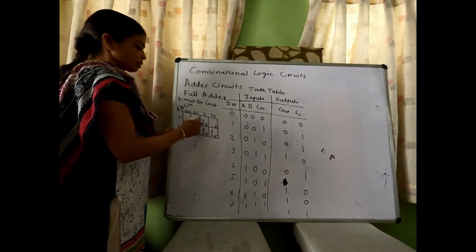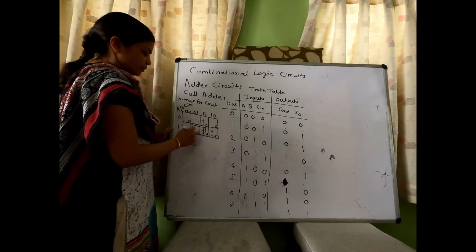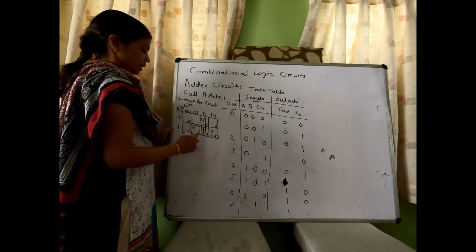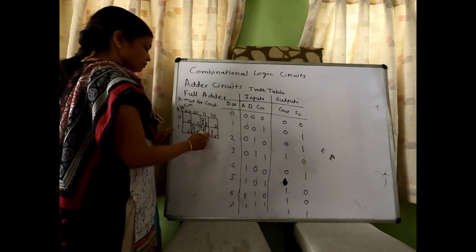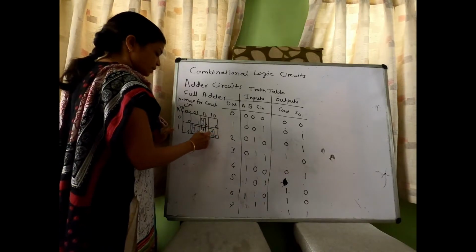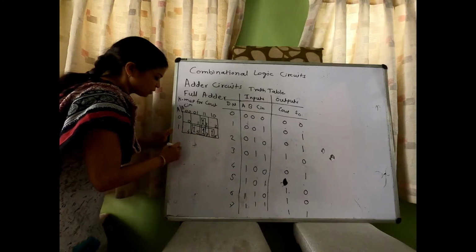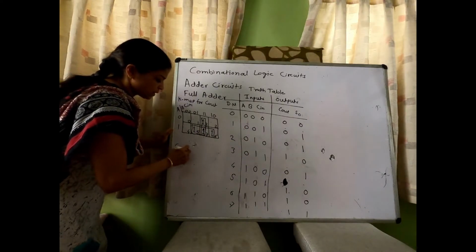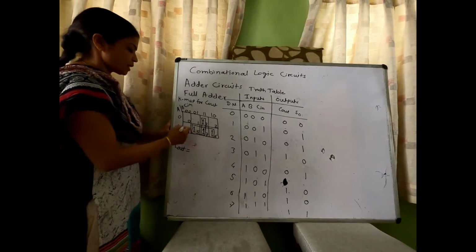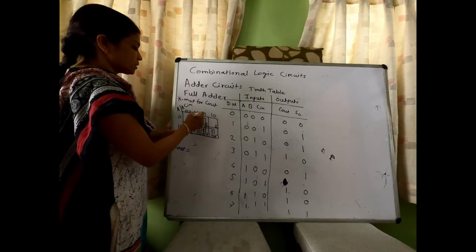Now we will form the pairs. So here we get 3 pairs, of the cell numbers 3 and 7, 5 and 7, and 7 and 6. So the equation can be written as C out equals, for this pair 5 and 7 we have common A and C in.